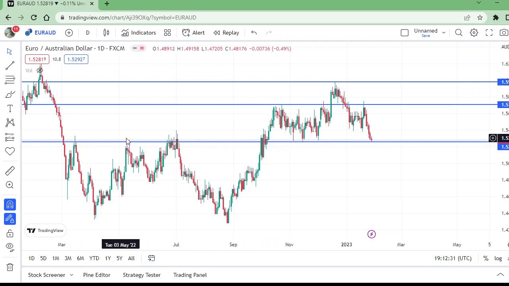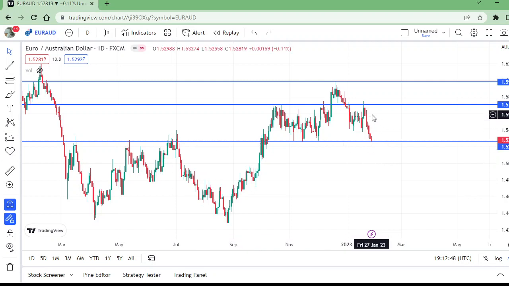Though it looks like a strong support, I have tried my best to understand the scenario that is developing and to make it clear for you.